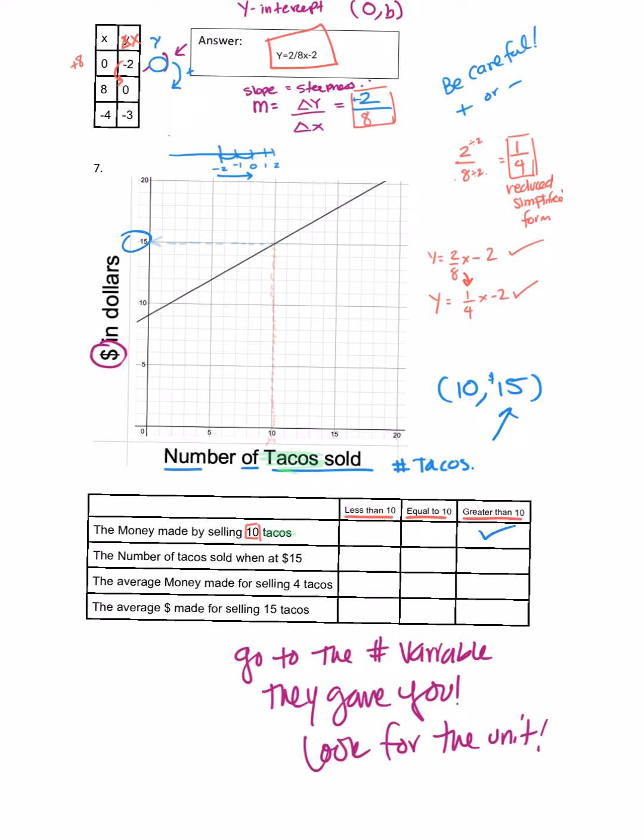The number of tacos sold when at $15. What's your unit? Dollars. Go look at that variable, dollars. When it's $15, how many tacos? Oh, 15 relates to 10. Is that less than 10, equal to 10, or greater than 10? It's equal to. Oops, my bad.